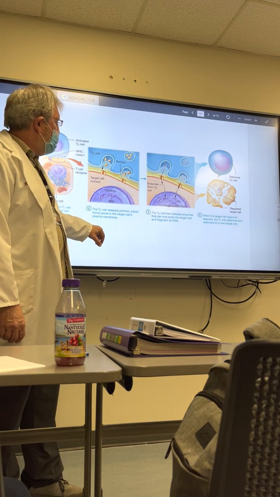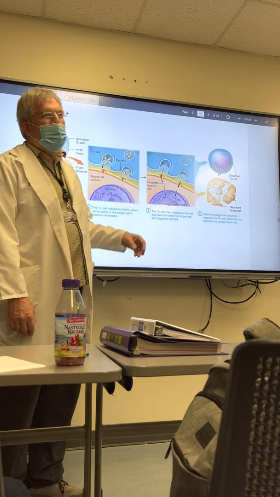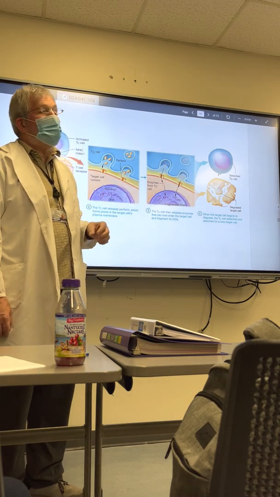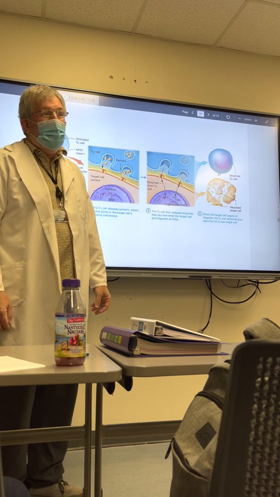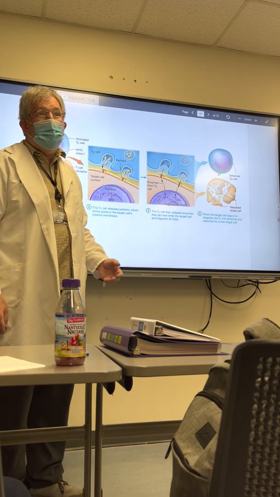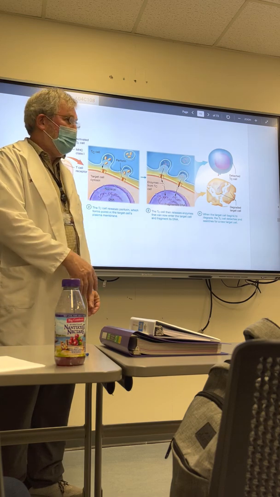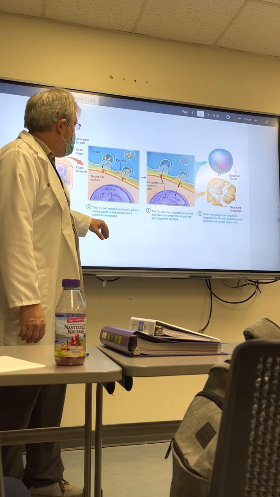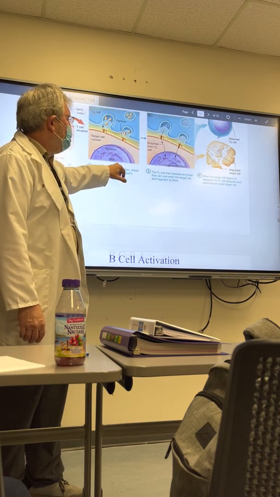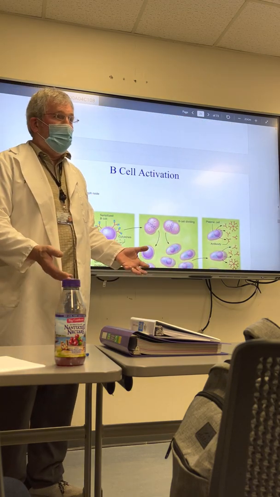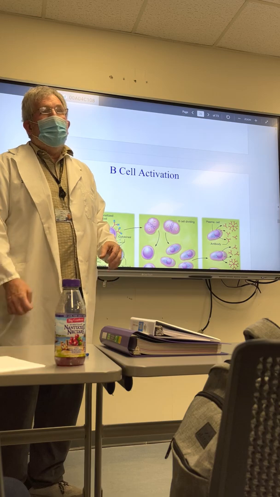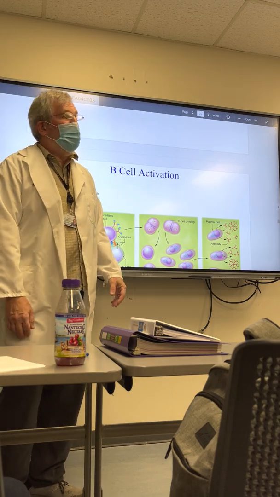There are other enzymes that it can release inside that will cause the target cell's DNA to basically get chopped up like in a blender. And that's also a good way to kill a cell, is you destroy the information that allows it to make new cells here. So the combination of destroying the DNA, destroying the chromosomes basically, and poking holes in it, it's a very effective killing mechanism.